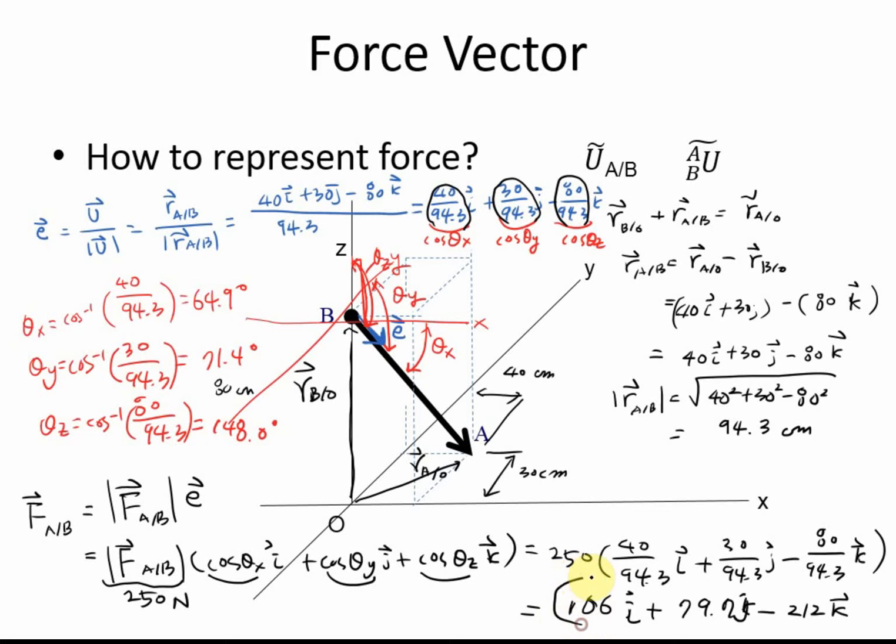So this is the x component of your rubber tension, this is the y component of your tension, and this is the z component of your tension. So basically upward, a z component is positive and downward is negative. So this rubber tension is going down to the ground. That's why this one becomes negative here.